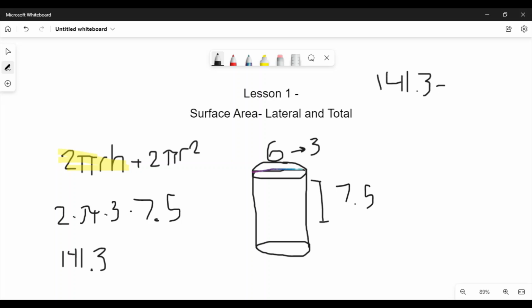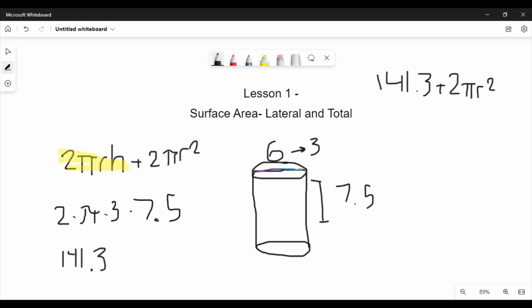141.3 plus 2 pi r squared. So now let's do the 2 pi r squared. So it's the same thing, 2 times pi and the radius 3 squared. So we know that, well, I'm using 3.14 as pi.